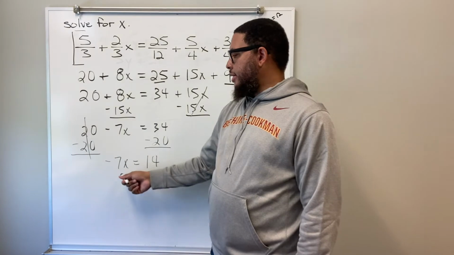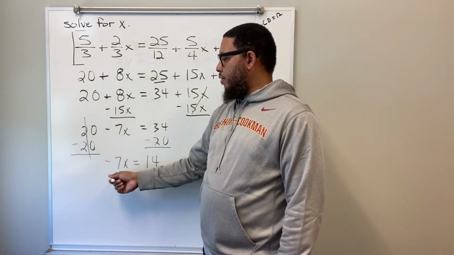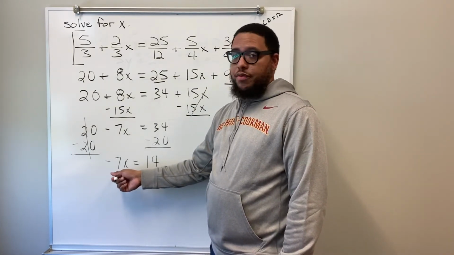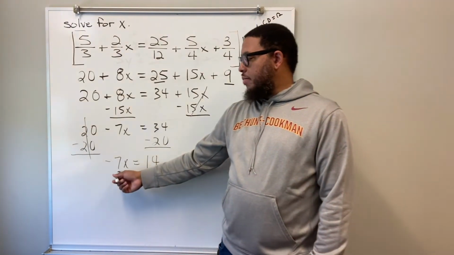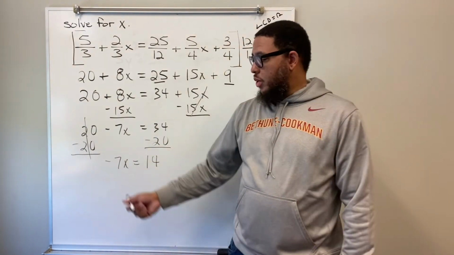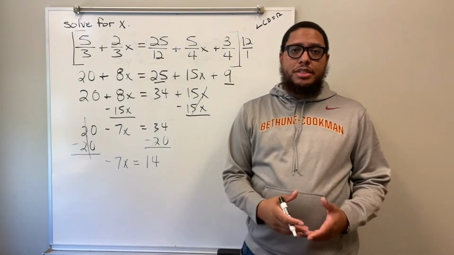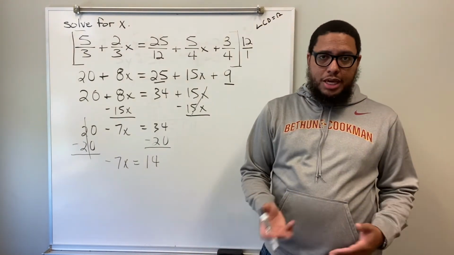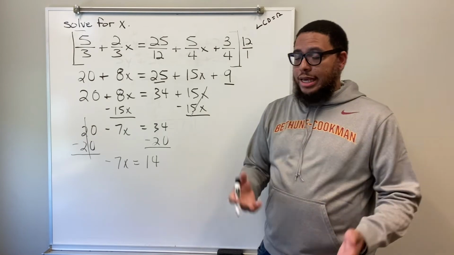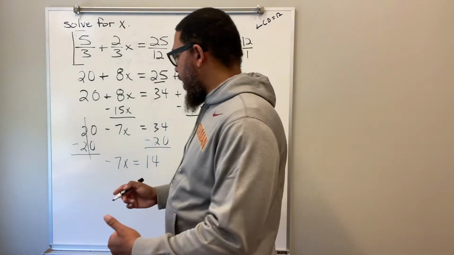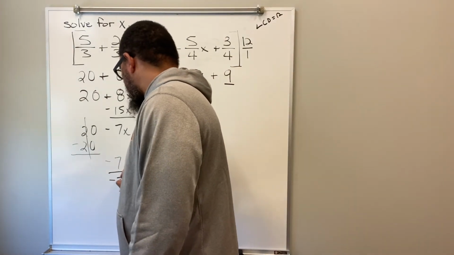Now, one last step. How do I get x by itself? I get rid of this -7. How do I get rid of -7? I do the opposite operation, or the inverse operation, from what -7 is involved in. -7x means -7 times x. So the opposite of multiplication, which means times, is division. So I need to divide by the same exact number in order to get rid of this.